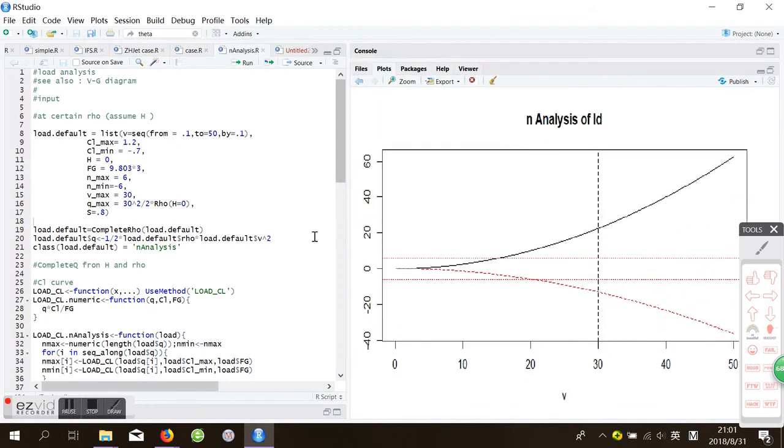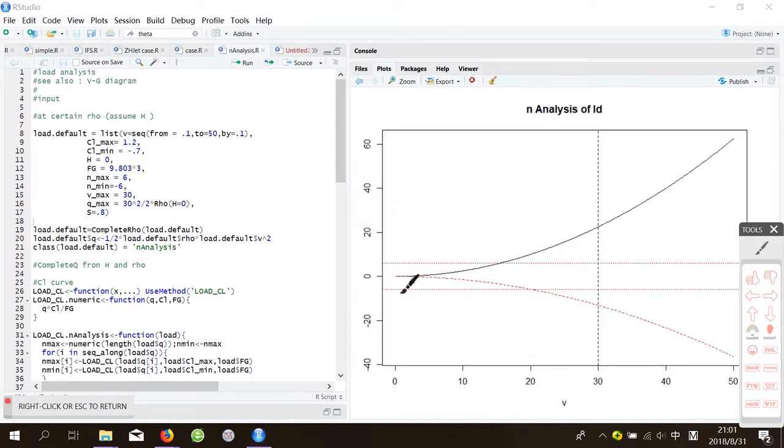So as you see, this is the load factor, this is the velocity, and within this region the plane could fly without problems. And too much indicates too much kinetic energy density, where Q is one half rho v squared.